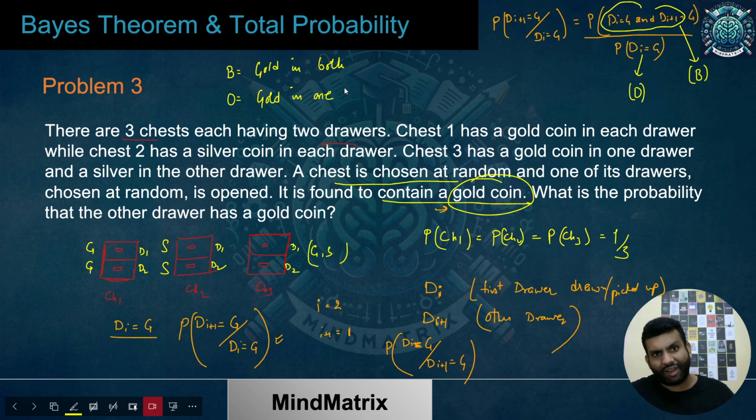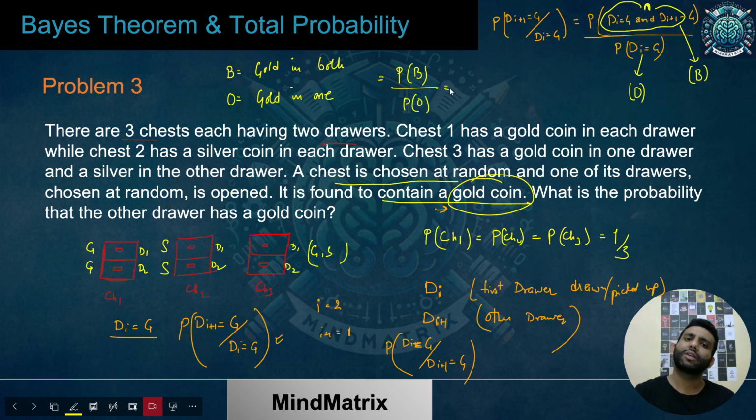I don't know the exact order. So I'm talking about Di equals G and Di plus 1 equals G, the intersection, which means both drawers must have gold coin. I denote it by event B. Di equals G means I don't know whether it is D1 or D2, so I just write it as O, the probability of getting gold in one of your draws. So I need to calculate the probability of B upon the probability of O.